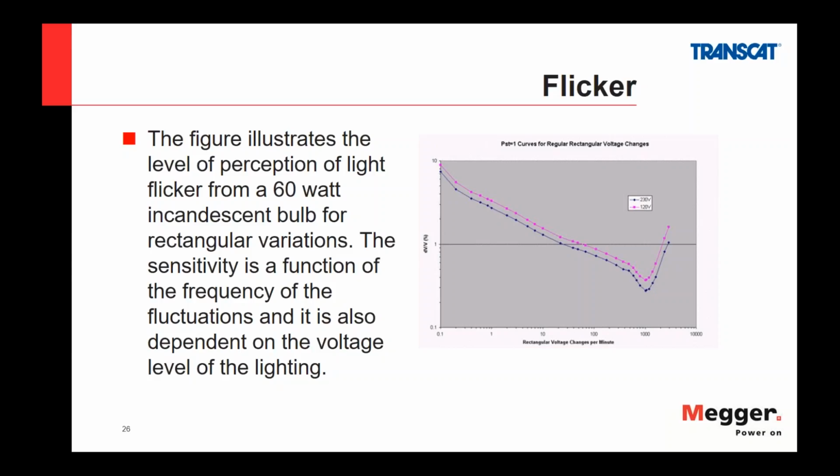At this rate, a very small change in the voltage is required to create a perceptible change in the illumination. As frequency goes up or down, a greater change in the voltage is required to create that perceptible change in illumination. Anything above 30 Hertz, the human eye will not perceive the flicker changes.